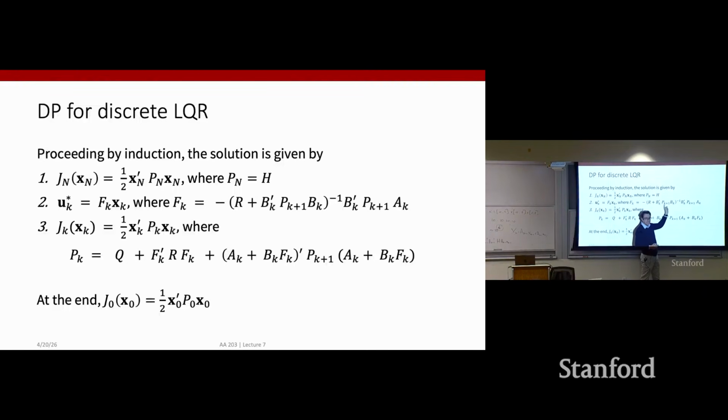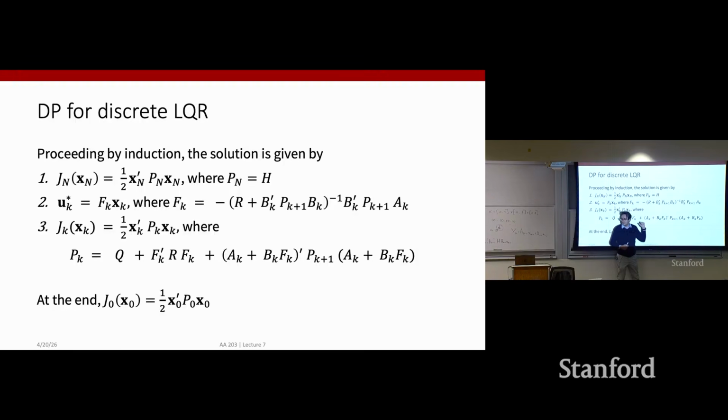This is stuff that depends on problem data or stuff that has already been computed at the previous step. Given the gain, you then compute the cost from the perspective of time k by updating P_k according to this relatively ugly but simple to implement equation, whereby you are just multiplying the problem data and stuff that has been already computed. And then you go one step backward.